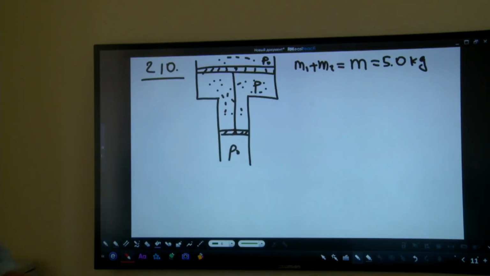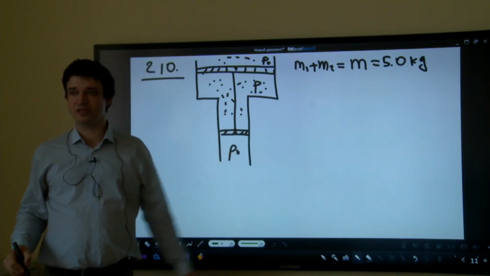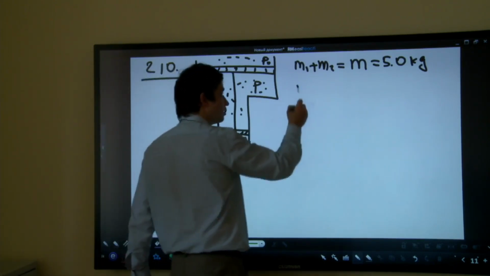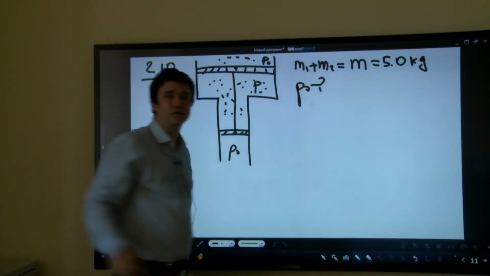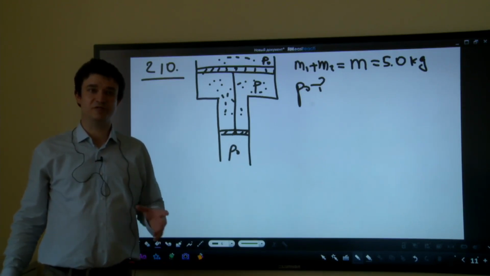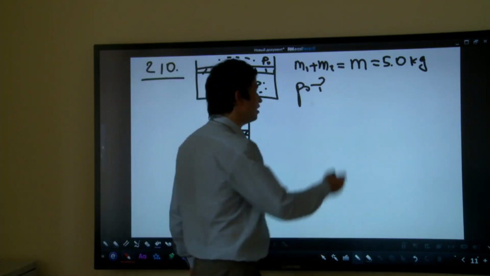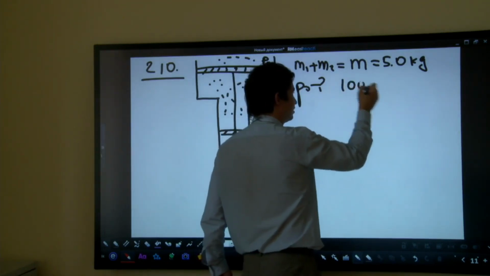Also, let me ask you, what is the air pressure under normal conditions? One atmosphere. 1 atmosphere is, well, about 100,000 pascals.